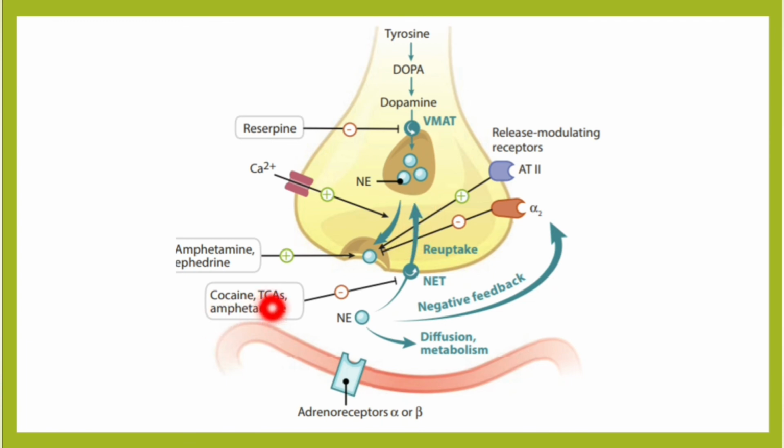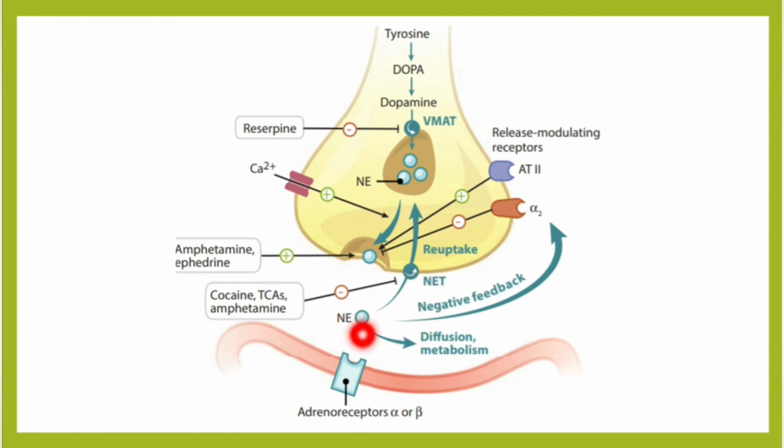Cocaine, tricyclic antidepressants, and amphetamines inhibit reuptake here, and they also stimulate the release of stored catecholamines. If you look here, norepinephrine has a negative feedback.